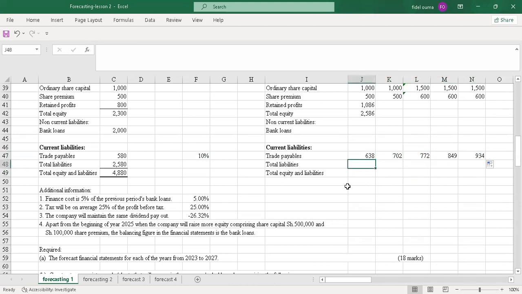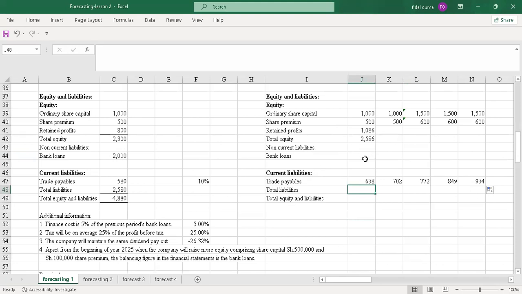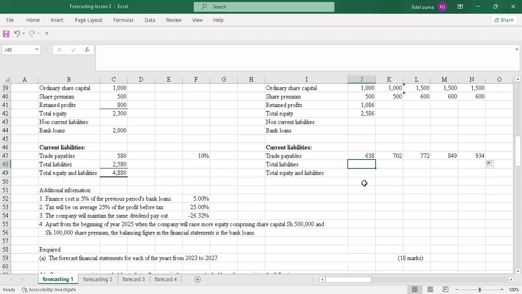Then the total liabilities is always equals to bank loan plus the trade payable. Yeah, it's bank loan plus the trade payable. So I'll just say equals to this, which we don't have that figure there, plus the trade payable. Then I say enter.